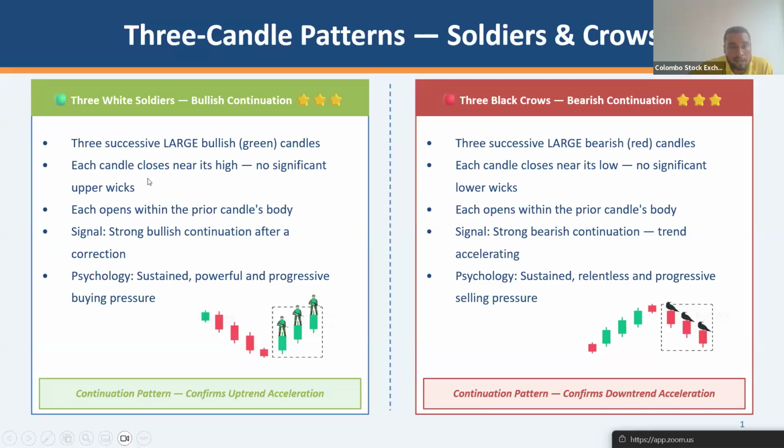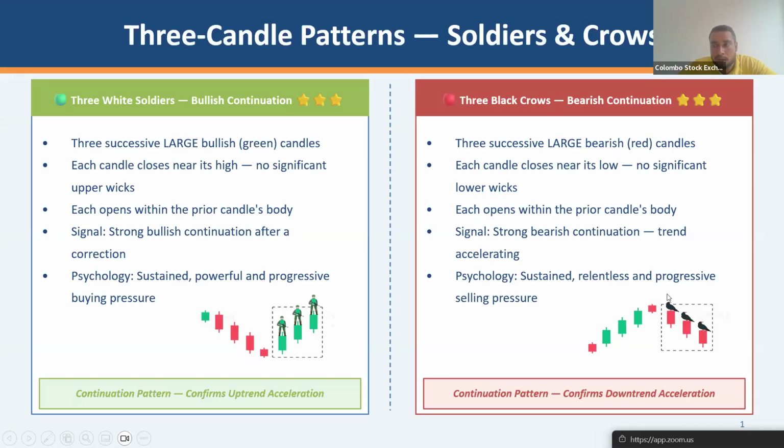Each candle closes near its high. This is the closing price, and this is the high. We will look at them in a chart, and that gives us the bullish continuation signal.